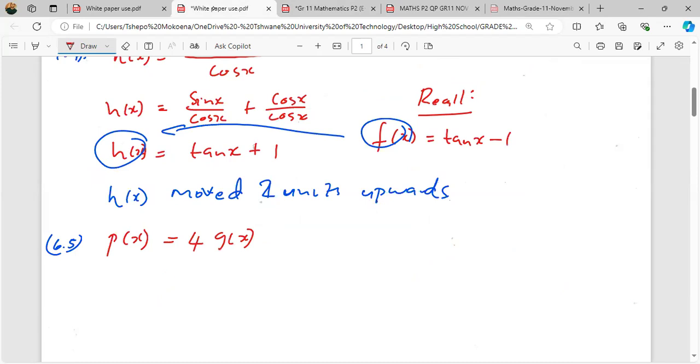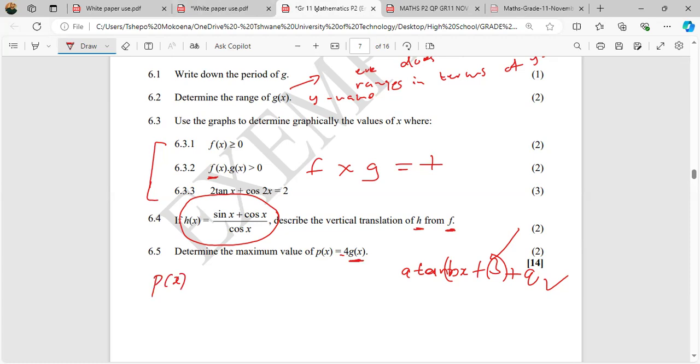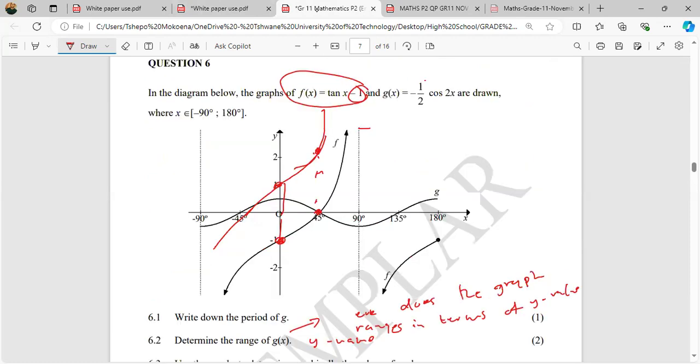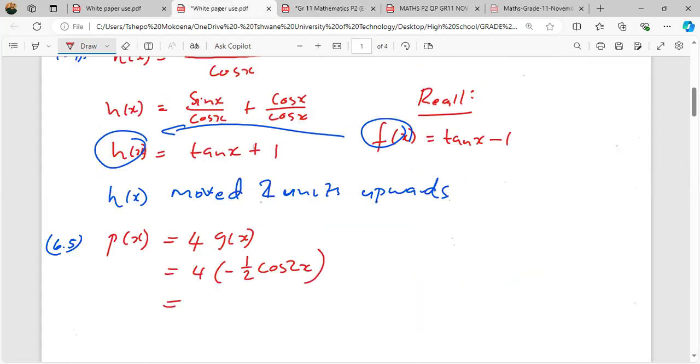So how is this graph actually going to look? I'm going to say 4 multiplied by the graph of G. If I remember, it's negative 1 over 2 cos 2x. Confirm, the graph of G. Yeah, negative 1 over 2 cos 2x. Therefore, let's multiply to get the new graph, which is called the graph of P of x.